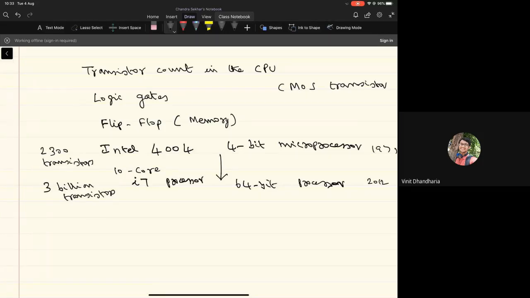You can calculate that. That turns out to be around 500 million gates. Okay. So then one keeps wondering, what are these 500 million gates used for, right?